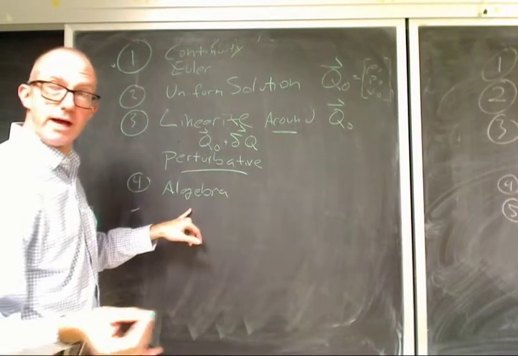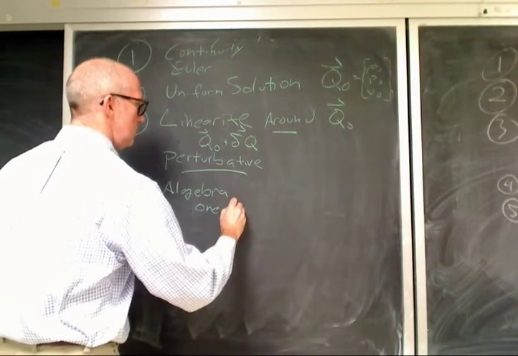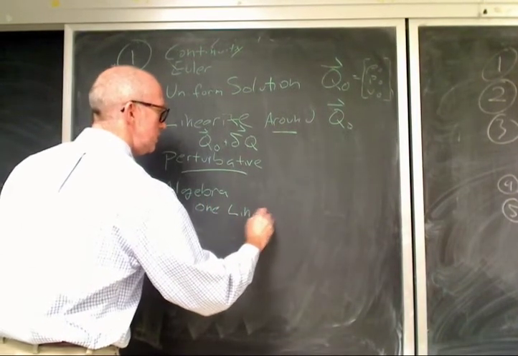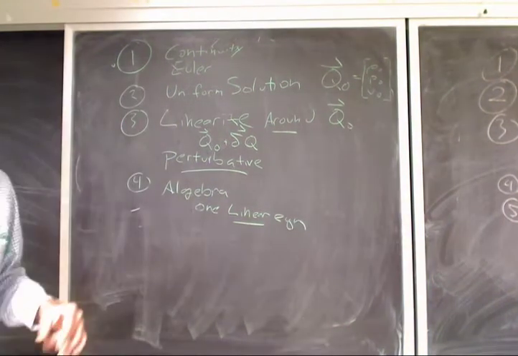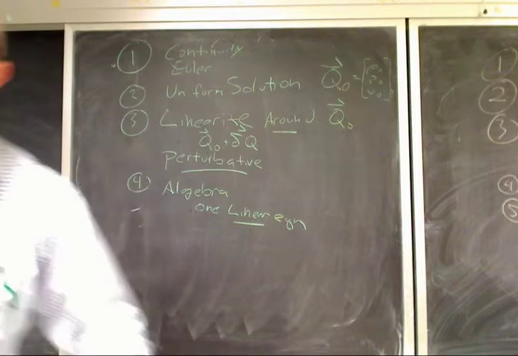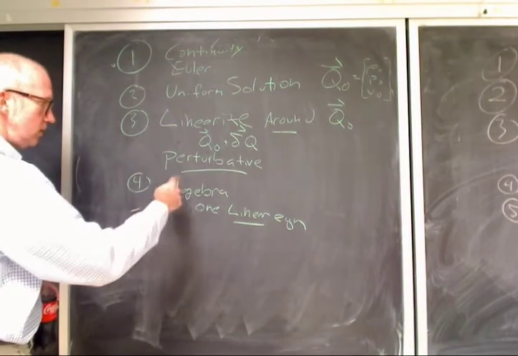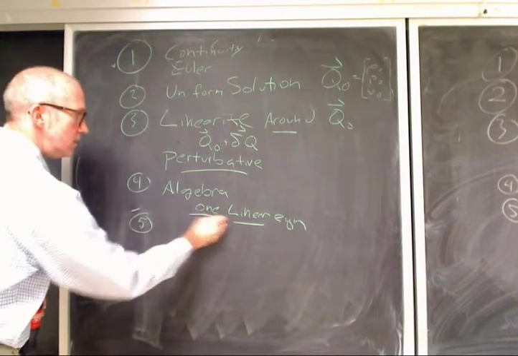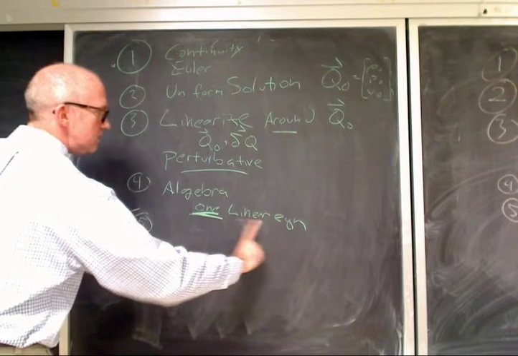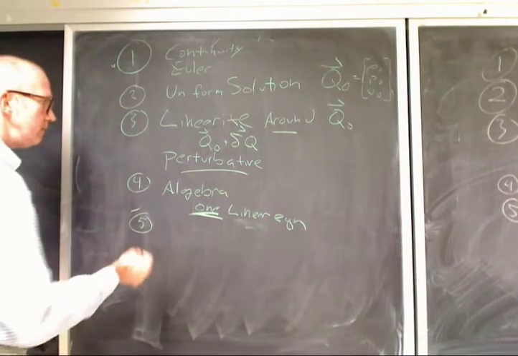So we do a little bit of algebra to get one linear equation. This linear bit is important because the linear bit is why the next part works. It already got linear earlier.